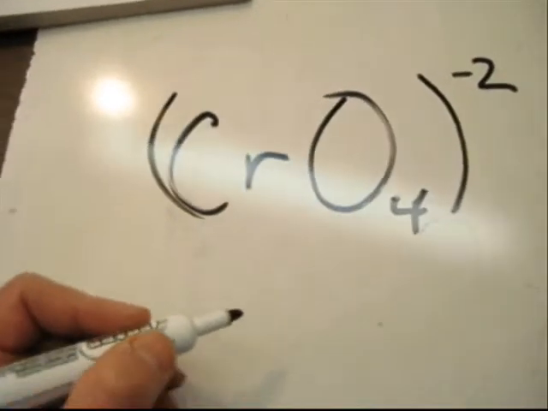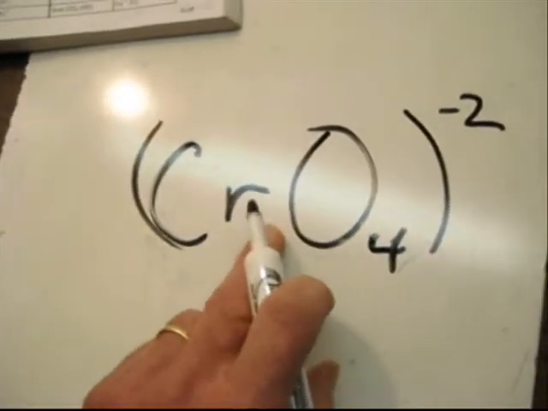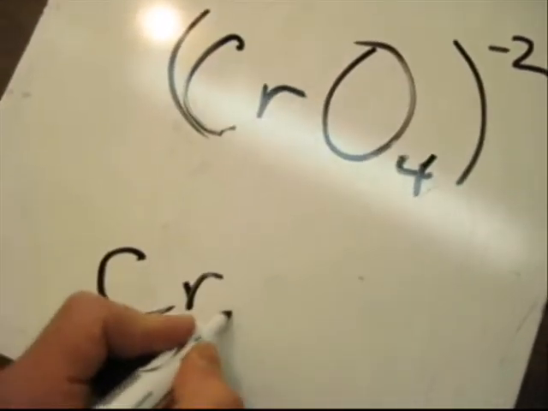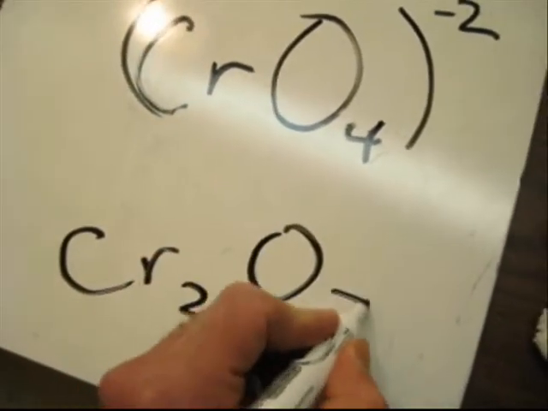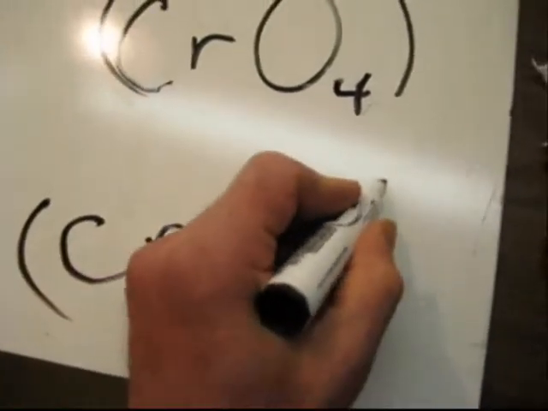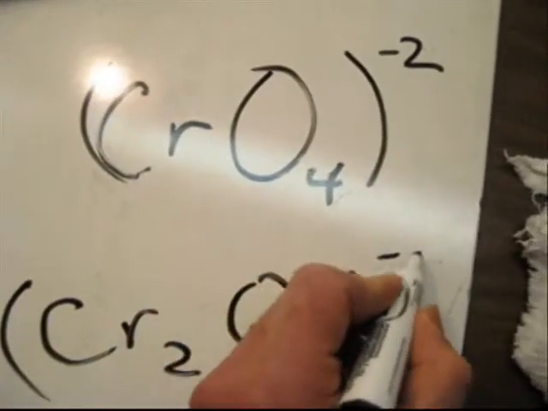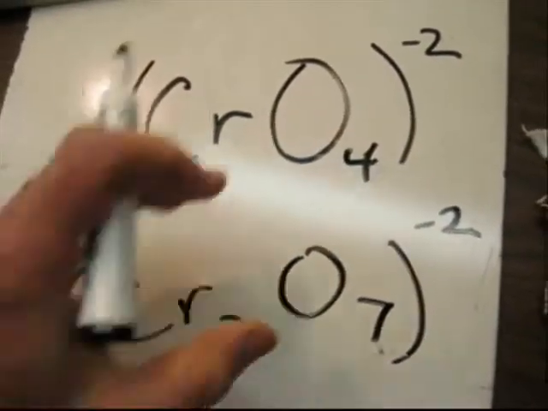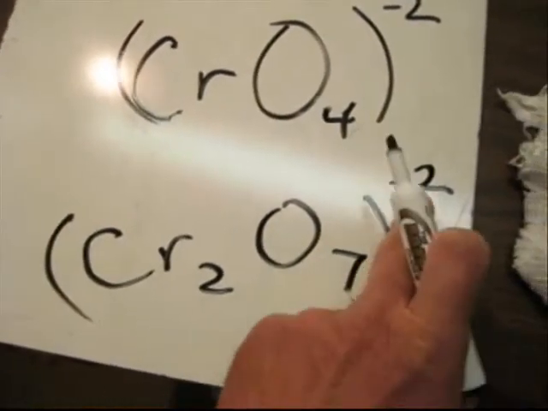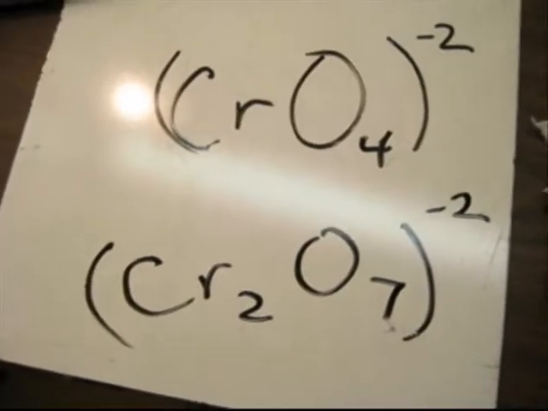And then dichromate, the di tells us we're going to have 2 chromium atoms, so it's Cr2O7, which is really a strange one. We've got our parentheses, but thank goodness it's also a minus 2 charge. So if you can remember the charge for chromate, you can get the dichromate charge as well.